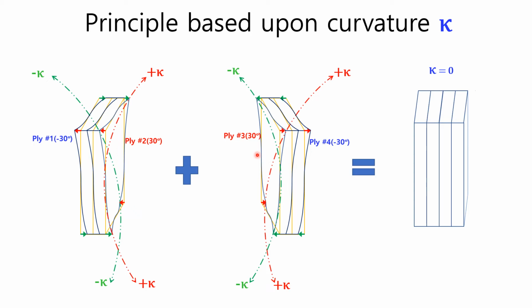As a matter of fact, every curvature at an arbitrary section of the first laminate is exactly opposite to the one at the corresponding section of the other symmetric laminate. They have the same quantity, but the opposite direction of curvatures.